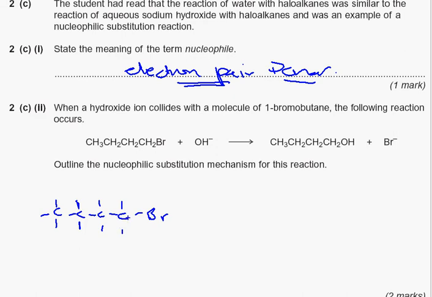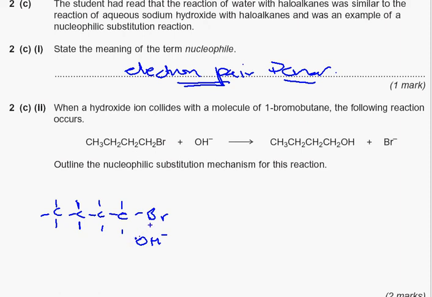I'm going to attack this carbon, and the reason being, the bromine is electronegative, so it's yanking the electrons towards itself, creating a slight positive charge here. What we're attacking it with is a hydroxide ion, which has a lone pair.